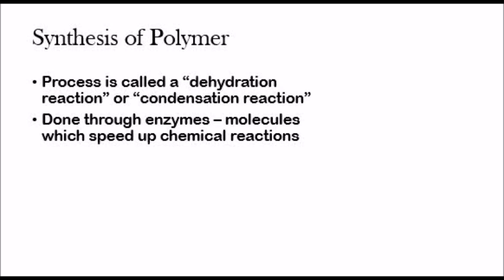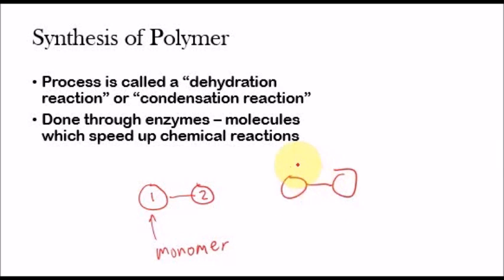Let's say we have two short polymers like this, and each one of these circles represents a monomer.